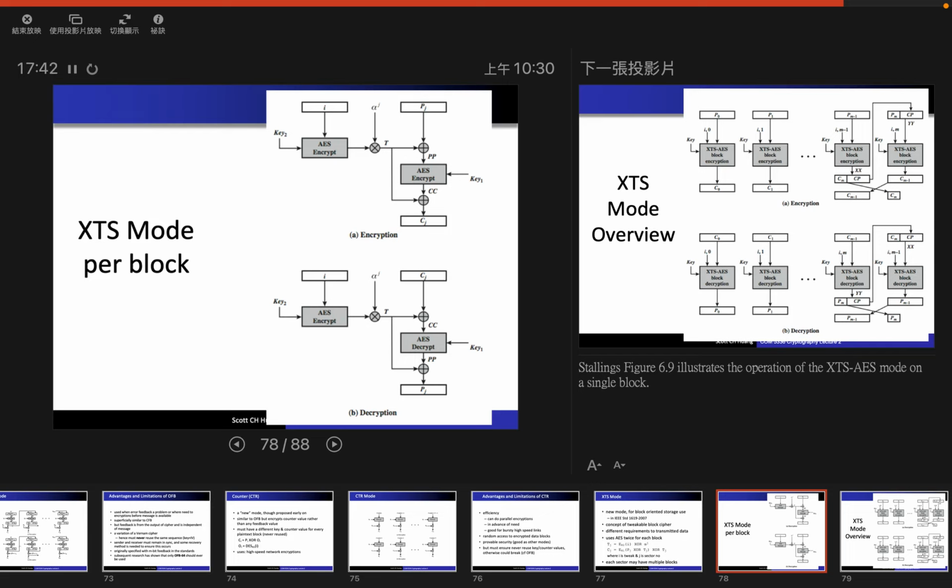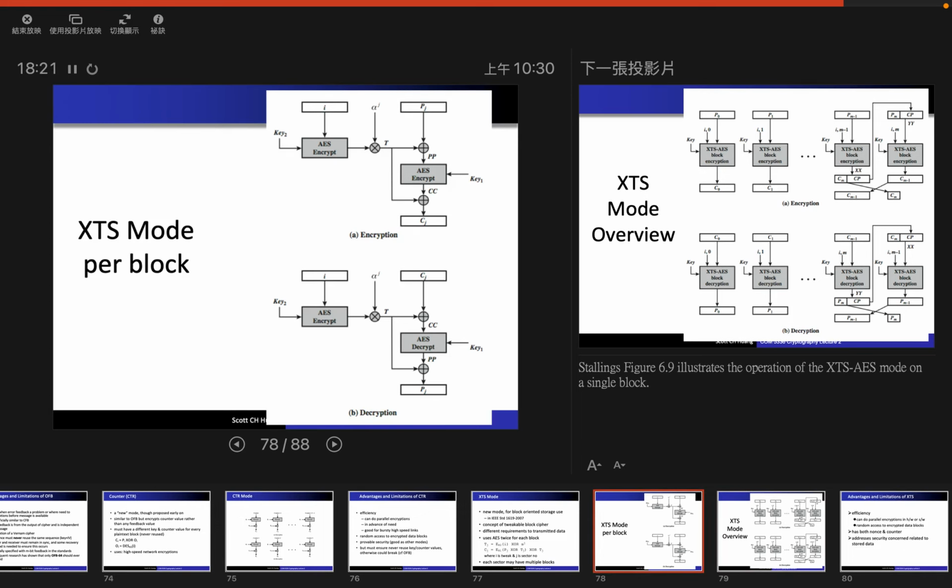We have an initial value and a key, and we encrypt the IV with the key, and then we perform this finite field operation, raised to the power of something. We'll come back later. Then it's XORed with the plain text, and then we do AES encryption and so on. So this is XTS mode. We'll just give you an overview, and then we'll come back later.